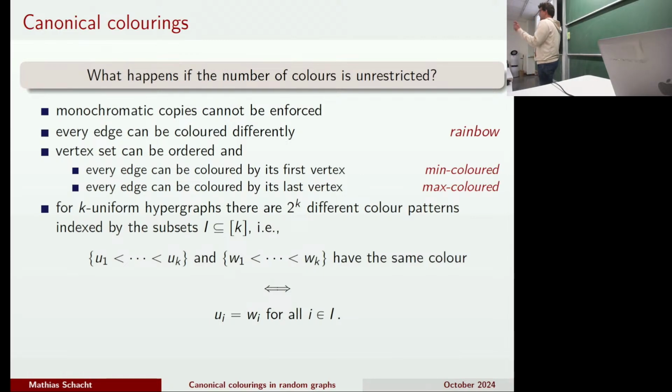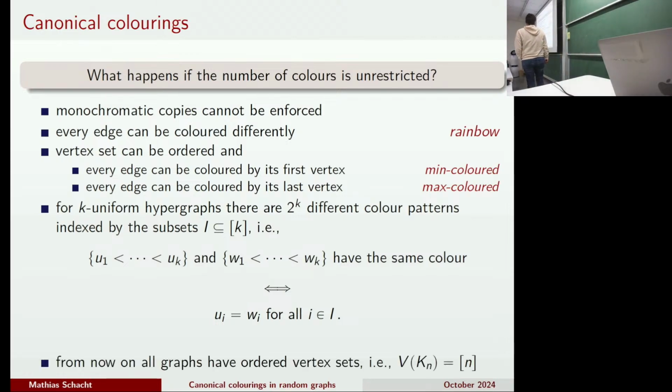And the set {1,2}, where the colors are only the same if it is the same edge, if both vertices are the same, this is rainbow. So this is how you get these 4, monochromatic, rainbow, min and max colored, as subsets of the set {1,2}. Okay, does that make sense? Okay, and these are all the patterns.